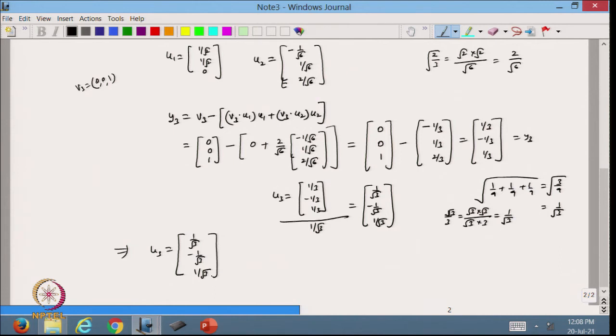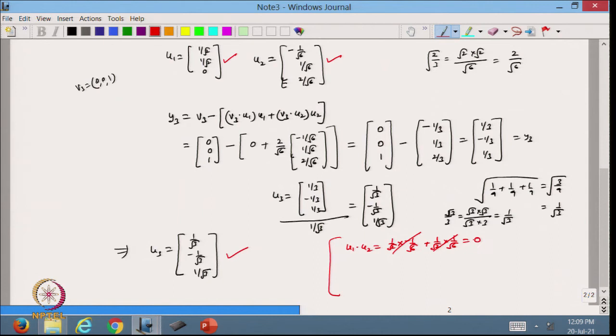So, let us check that. Now, we are able to get 3 vectors. So, this is my u1, u2 and u3. Now, I want to check whether they are orthogonal to each other or not. Now, from here we can see that if I take u1, it is no problem. Now, if I take u1 dot u2, so this is 1 by root 2 minus 1 by root 6 plus 1 by root 2 minus 1 by root 6, and last is 0, so it cancels out.